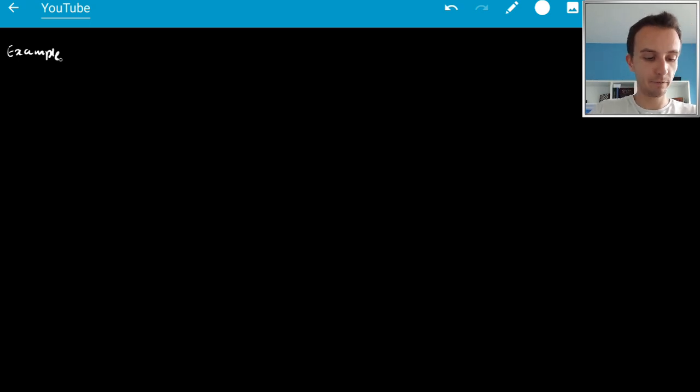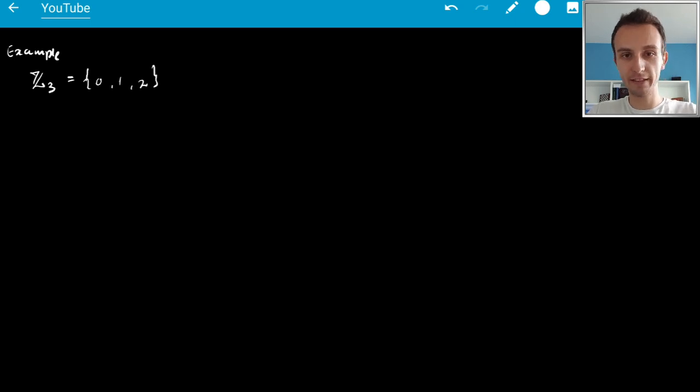An example would be Z3. So I take the numbers 0, 1, 2, and I add them to each other such that I take the mod 3 value, the remainder of the division by 3.